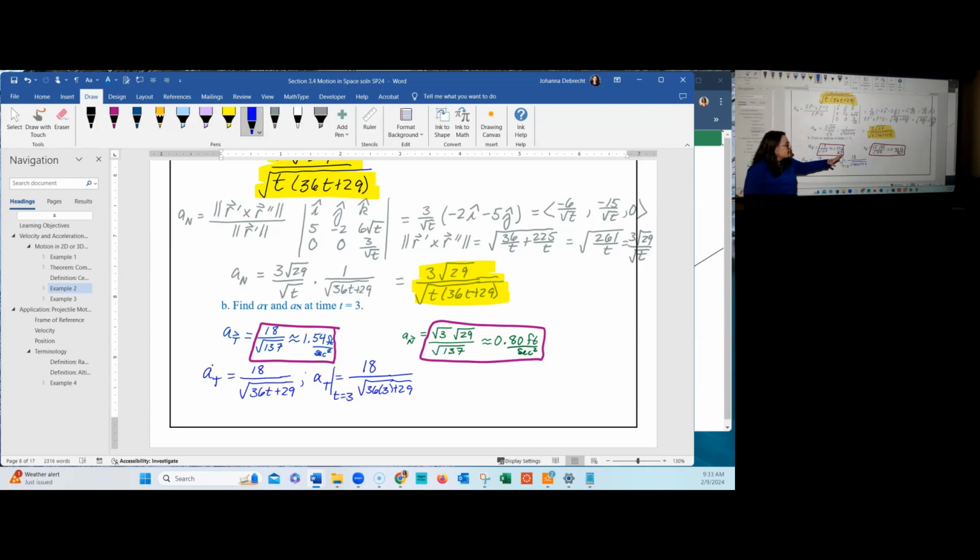Then we can apply a similar process and substitute into the normal component the value of 3, and this will give us 3 square root of 3 times square root of 29 divided by the square root of 137, and this gives us about 0.8 feet per second squared in the direction of the normal component. And then, of course, when you add the two together, you would get back the acceleration vector.